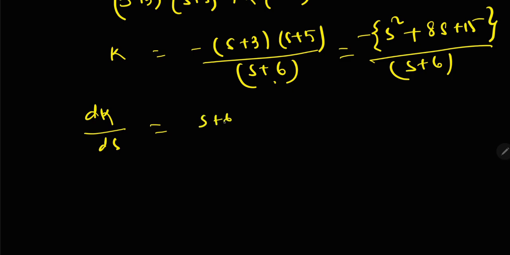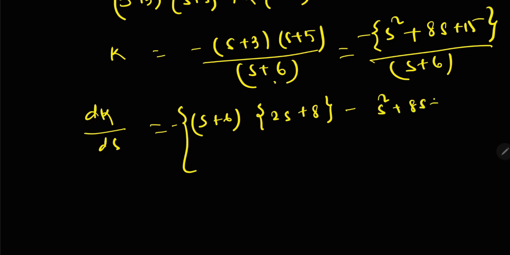So v times differentiation of u, that is 2s plus 8, minus u times differentiation of v, upon v square.